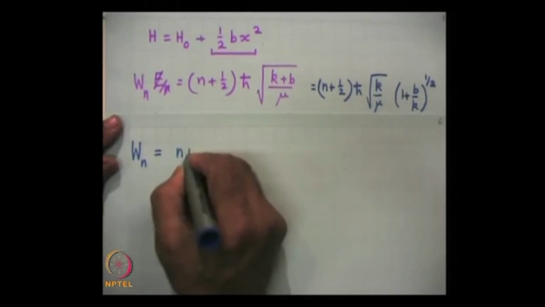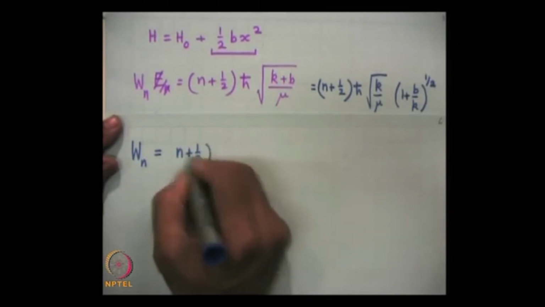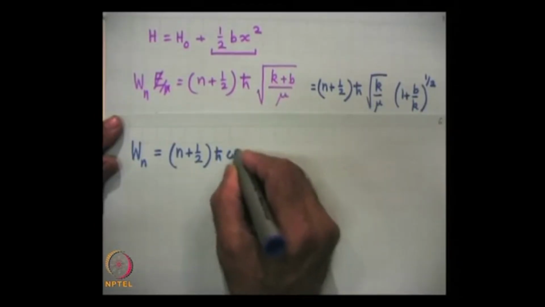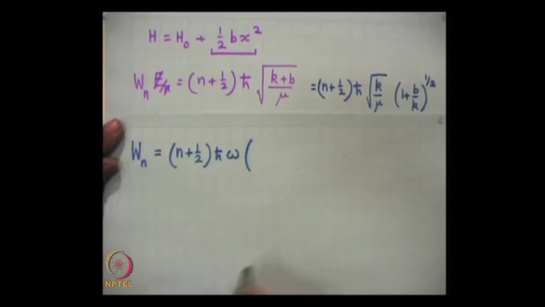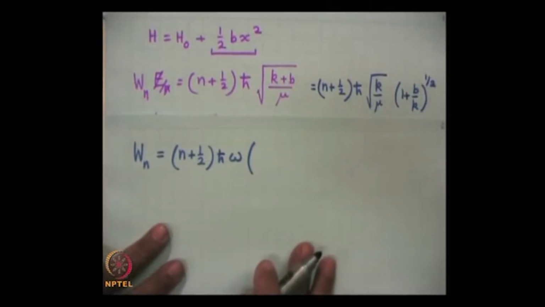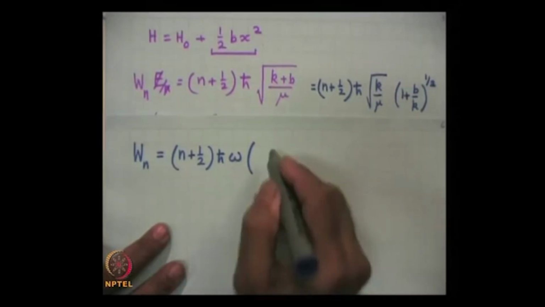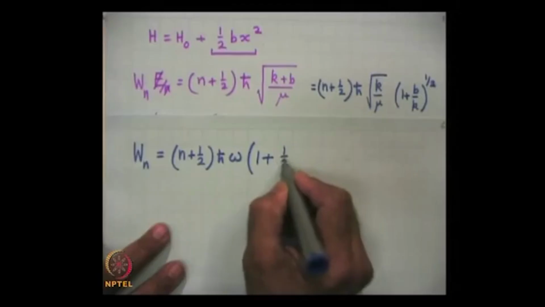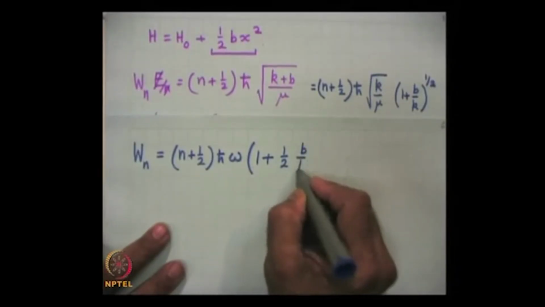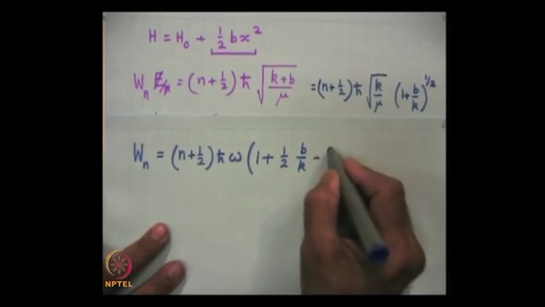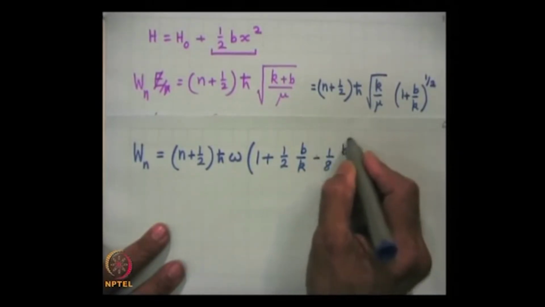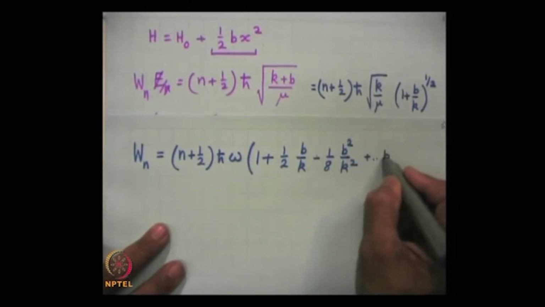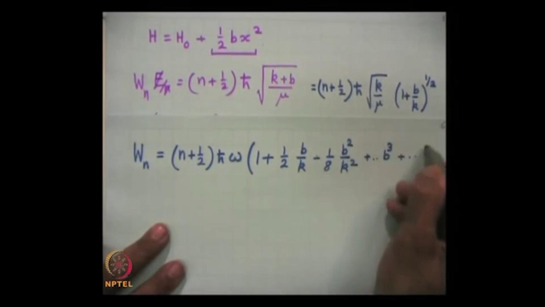So, n plus half h cross omega, and if I make a binomial expansion, and that is possible when modulus of b by k is less than 1, I will get 1 plus half b by k minus 1 by 8 b square by k square plus terms proportional to b cube, b to the power 4, etc.